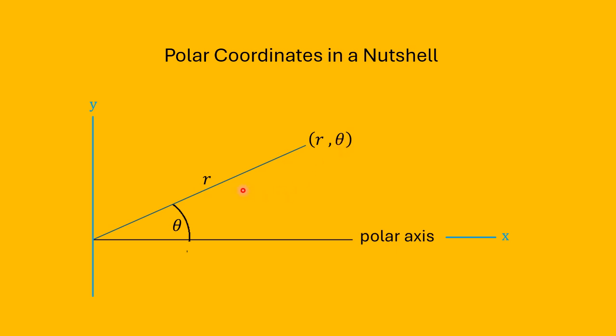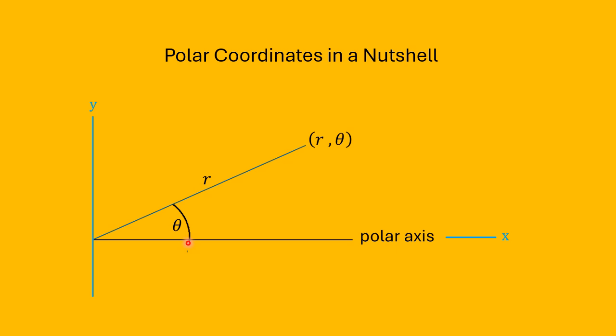Now, one thing to point out here is that r can be positive or negative. If r is negative, we would go out in this other direction instead of in this, the positive direction. Also, theta can be a positive or negative angle measured in radians.